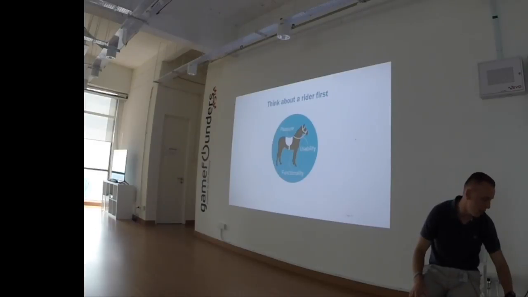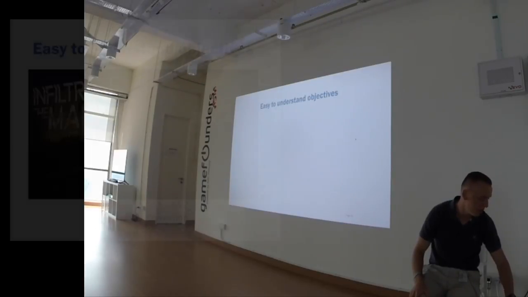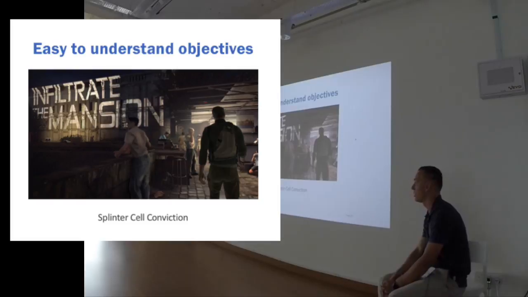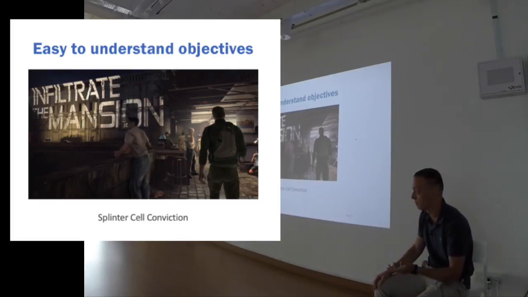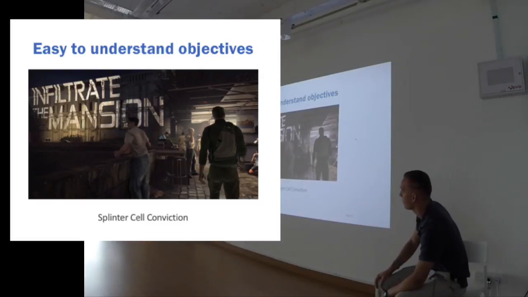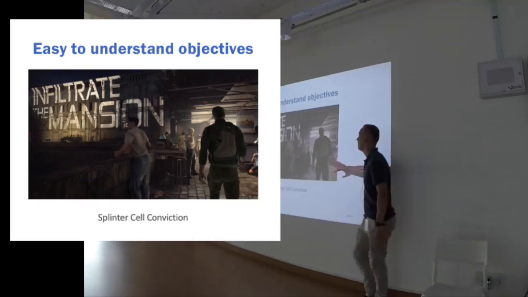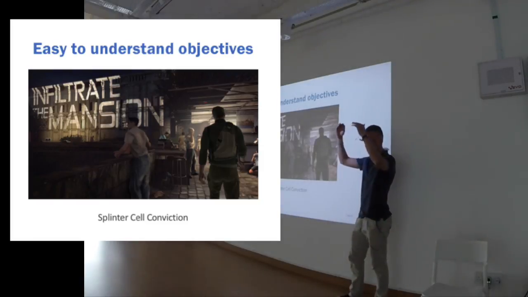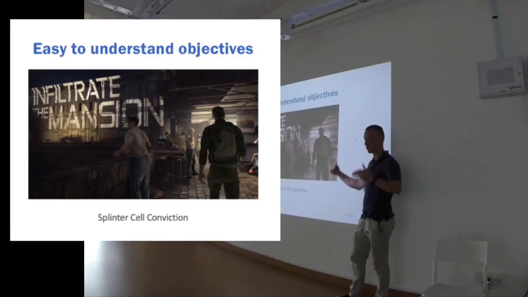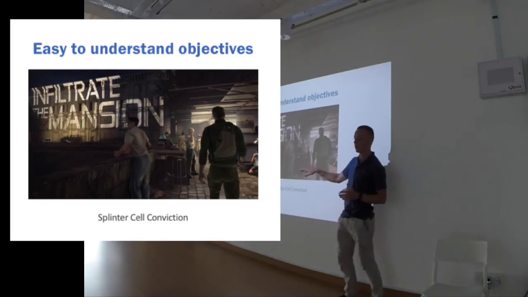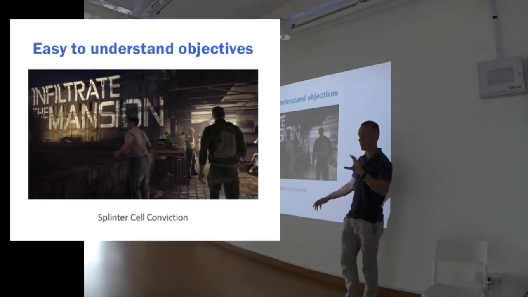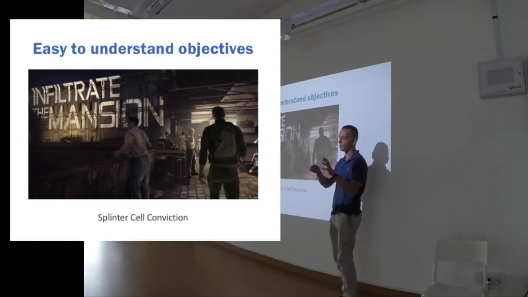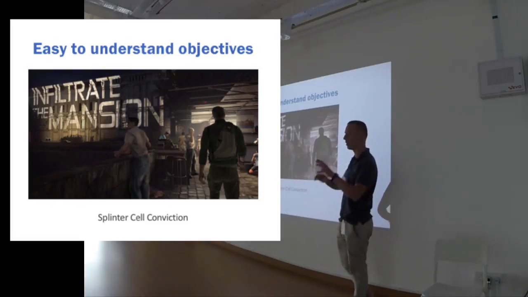What else can we do for that? We can try to change the standard things like the game objective. This is a very good example from Splinter Cell Conviction. So you play as a spy, and usually you have this giant wall of text that says kill this president or save this president, or this is the VIP guest, eliminate him or save him or whatever.